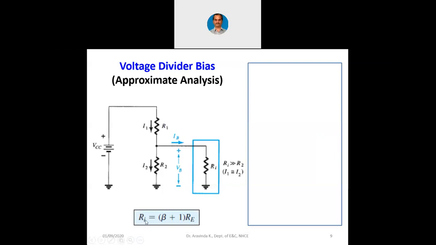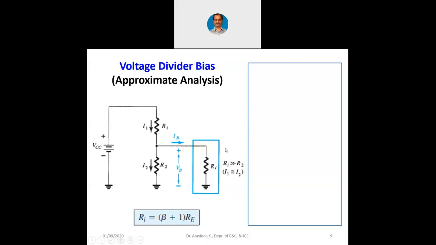So, here Ri is beta plus 1 into Re, because at the output side you have IE, and at the input side you have IB. So, the signal which is coming at the input is going to see an impedance of beta plus 1 times more along with Re, because IE is beta plus 1 into IB.